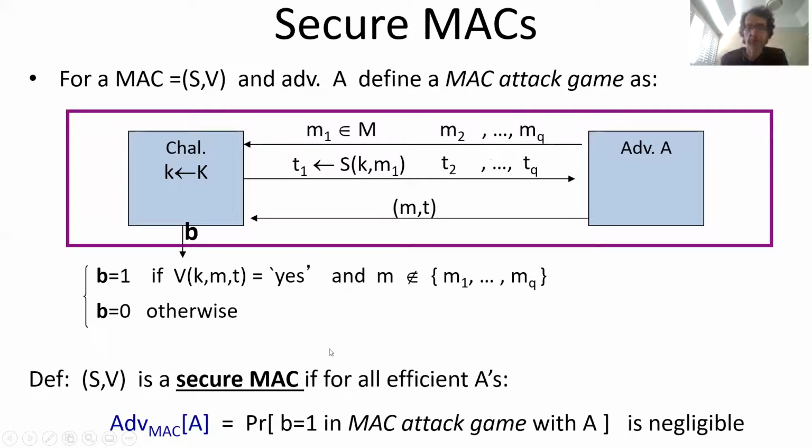And a MAC scheme, which is a pair of sign and verify, is secure if for all efficient algorithms here, the probability that this game is won is negligible, right? Where does the probability go over?